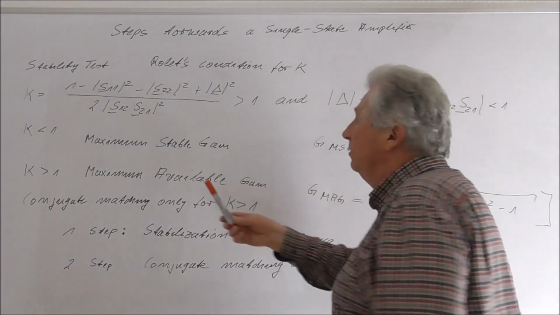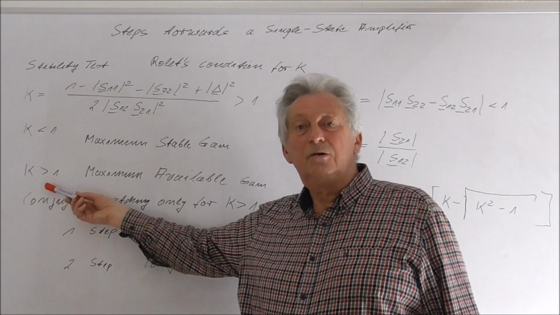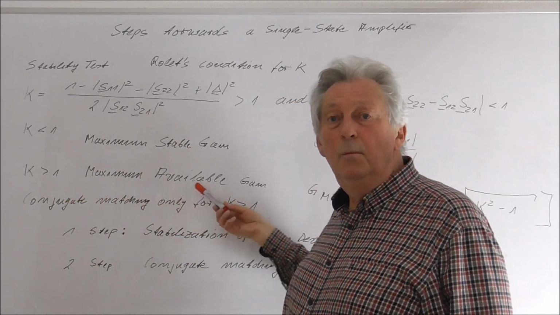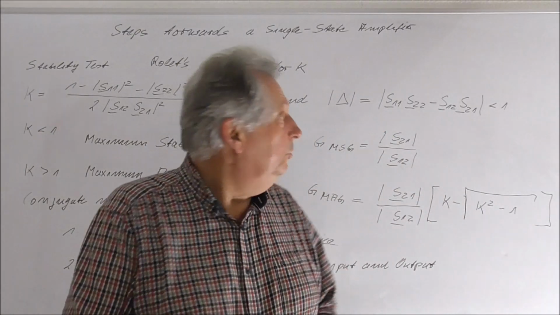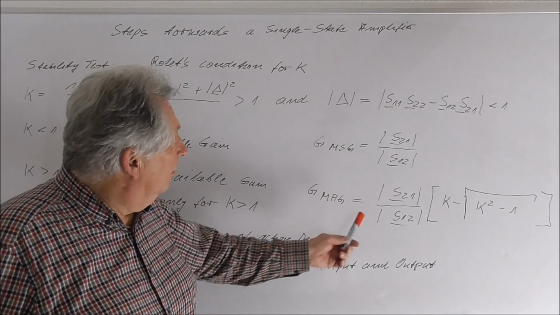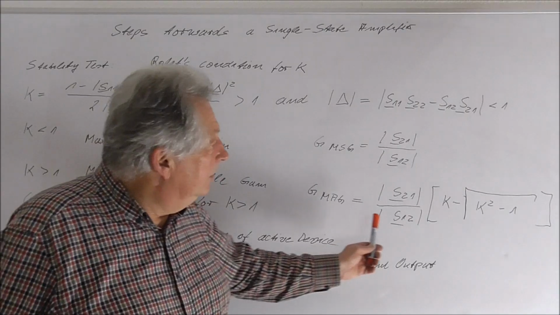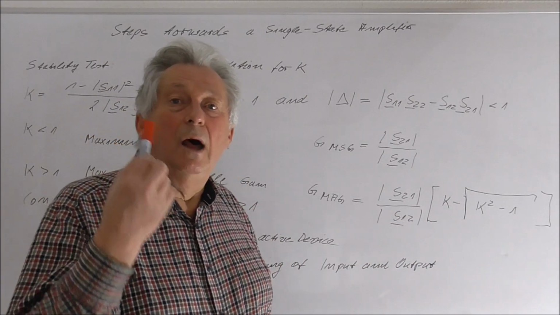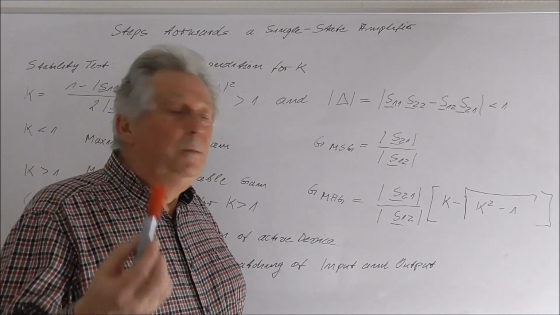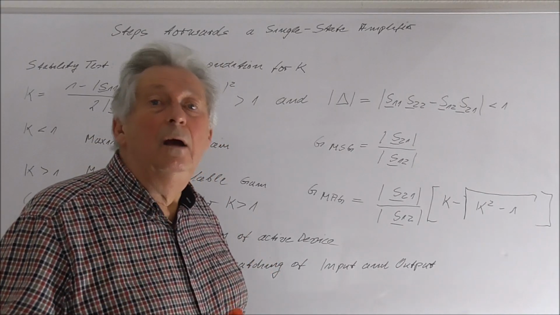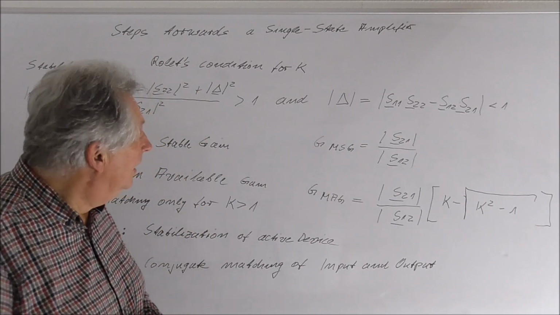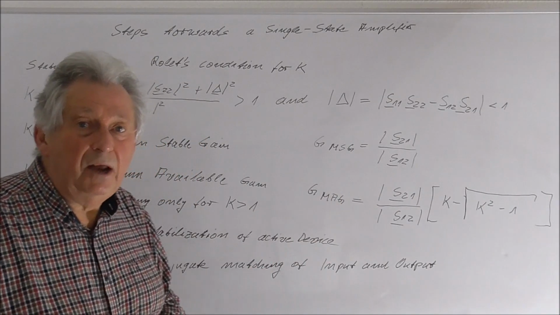On the other hand, as soon as K is greater than 1, then we can calculate the maximum available gain using this equation. This maximum available gain will tell us the maximum gain we can get from this transistor or active device as long as it's stable.